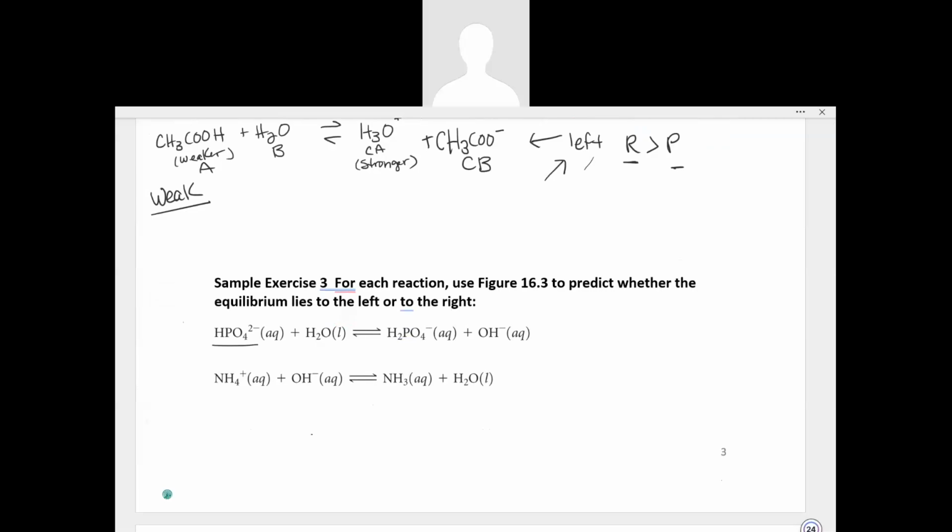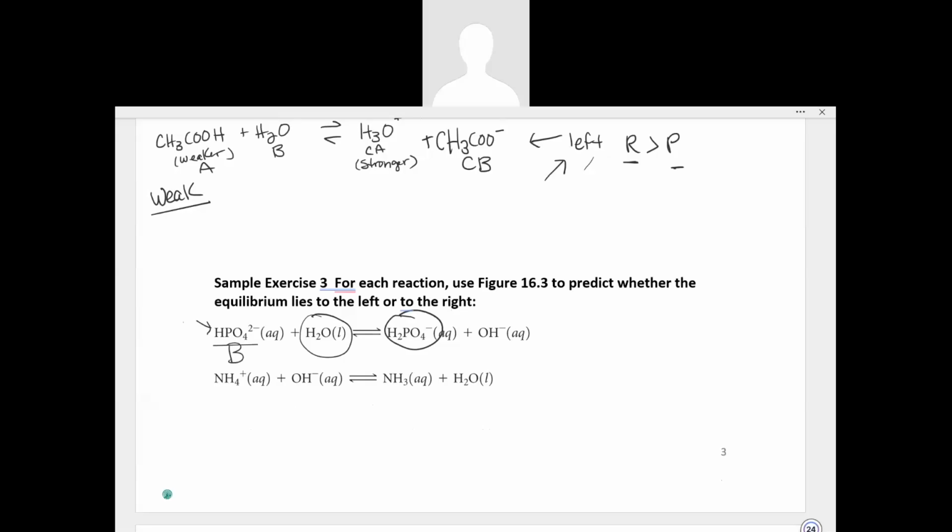So we have to compare acids to acids. So is this first species here acting as an acid or base? That will tell us whether or not water is acting as an acid or base. So this guy over here is receiving a proton, so it's acting as a base. So water will be our first acid to compare here to this conjugate acid.